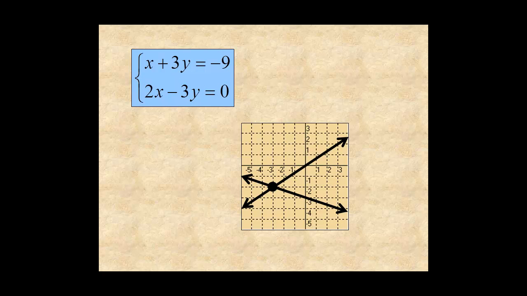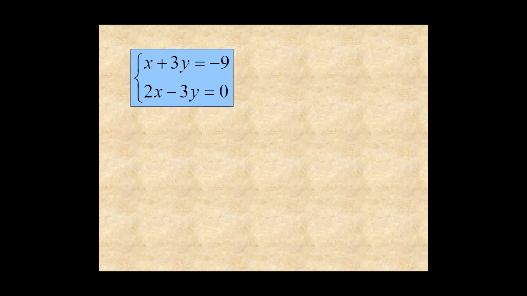The coordinates of the point where the graphs intersect are solutions to both equations, which is the solution to the system. Now, that was the general theory.